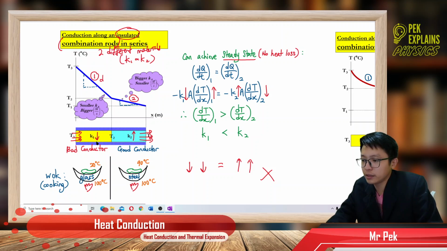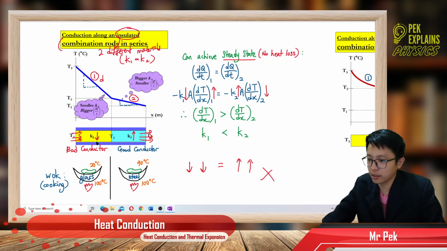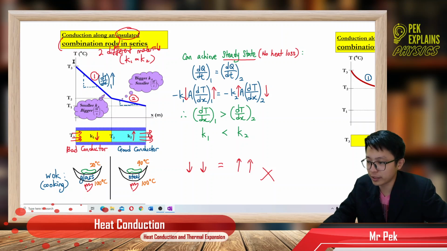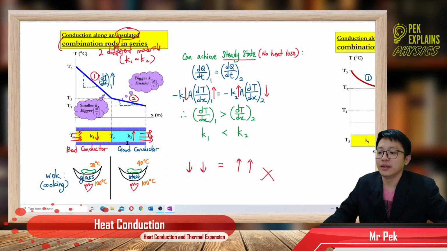So when K1 is small, what happened to the temperature gradient? The dT/dx for the first one will be high. So that's why you see the graph is very steep. It has a very big gradient. Now for the second rod, the thermal conductivity is high.